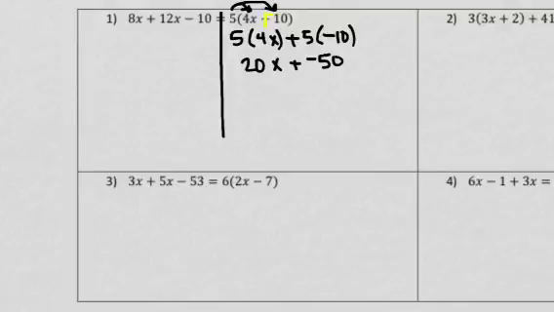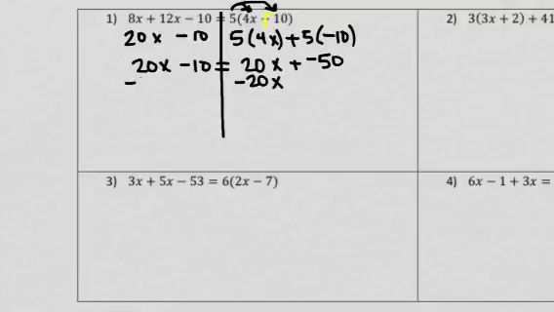On the other side, we are going to combine like terms. 8x plus 12x is equal to 20x minus 10. So I'm just going to write that down here so it's on the same level. Alright, and then to get the variables on the same side, I would subtract 20x from both sides.